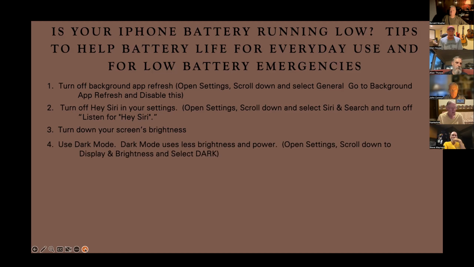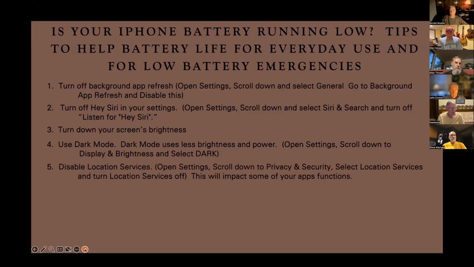The only time I turn it off is when I know I'm going to be outdoors in bright sunshine, then I will turn that off just so I can see my phone better. One of the reasons that I want to update my phone. Anyway, open settings, scroll down to display and brightness, and then just select dark, and that's how you turn on dark mode.